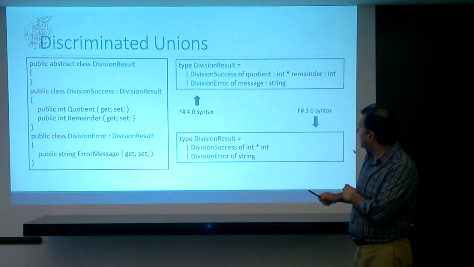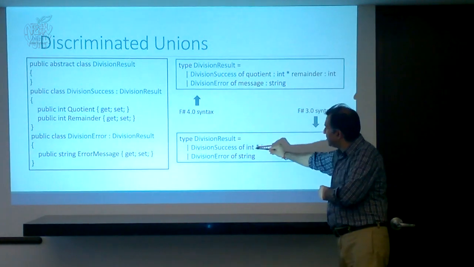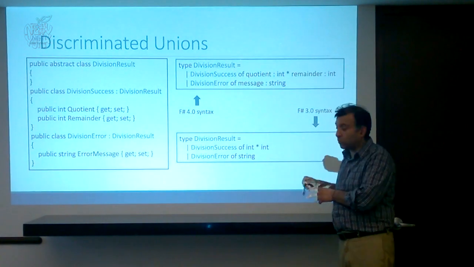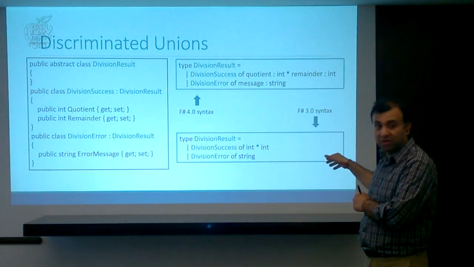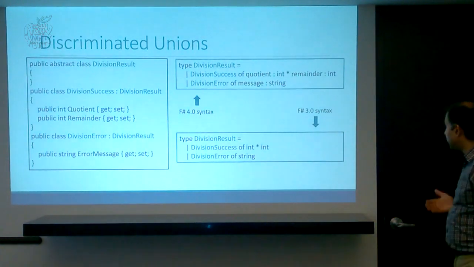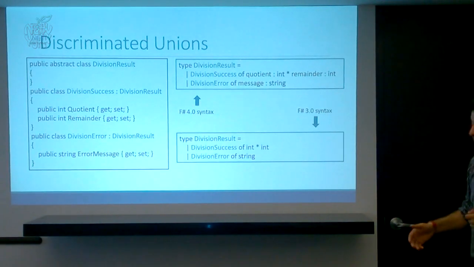In F# 4, what they have added is they've allowed you to name these fields, whereas in F# 3 you're not. So when you define a variable, let's say let x equal to division success 3 comma 4, in F# 4 you can explicitly say let x equal to division success, quotient equal to 4, remainder equal to 3, or vice versa.